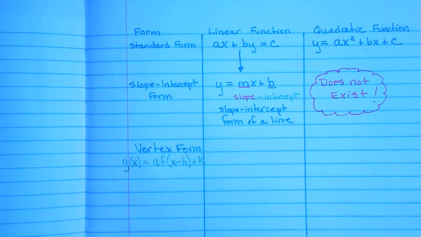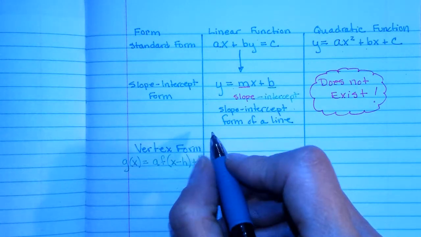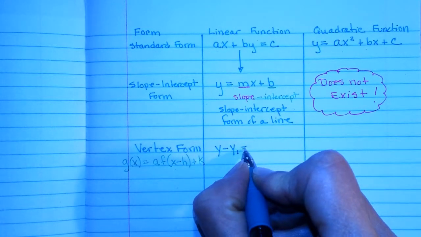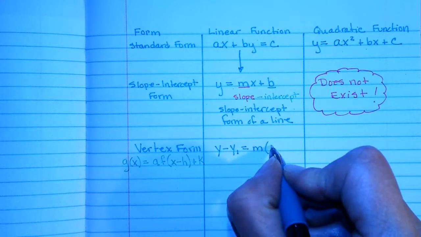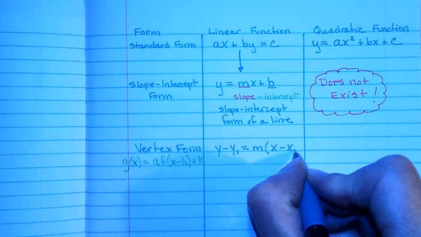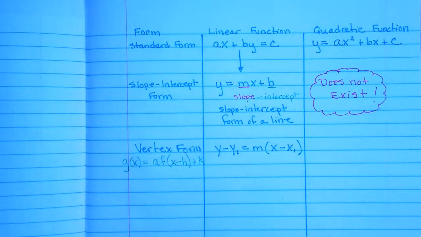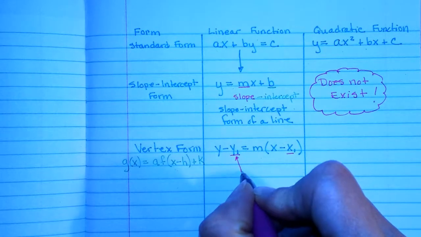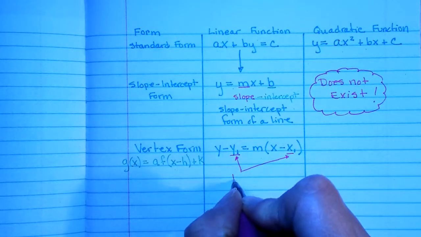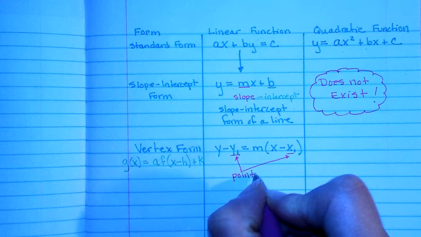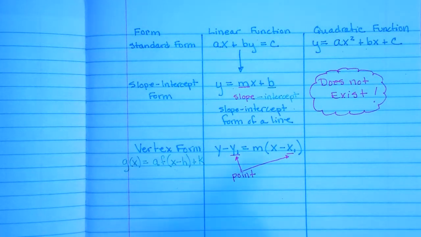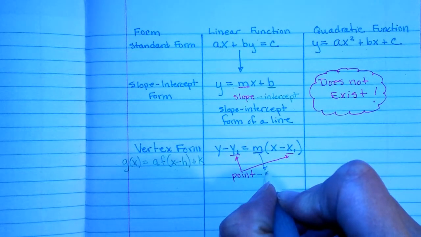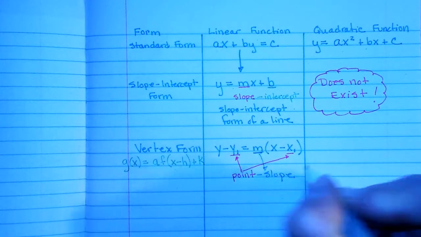So when we're talking about linear, we're used to seeing y minus y1 is equal to m times x minus x1, where y1 and x1 is a point, and where m is my slope.